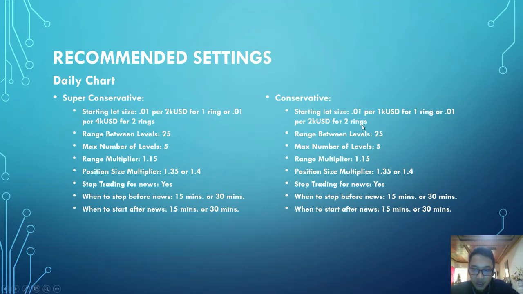starting lot size is 0.01 per 1k USD for 1 ring, or 0.01 per 2k USD for 2 rings. And the range level, the settings below are still the same.